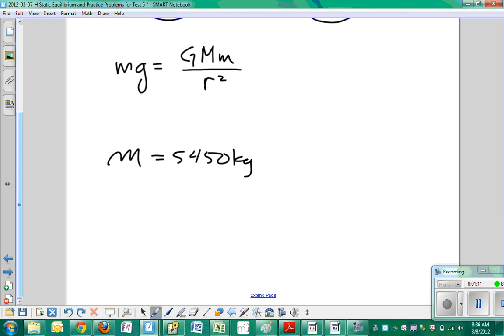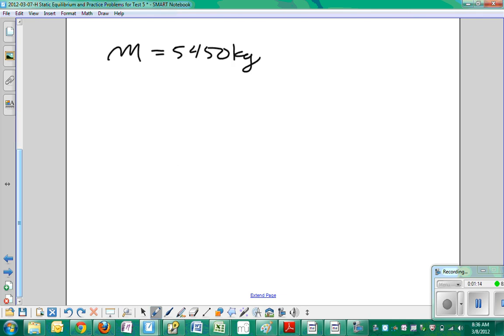So the first thing we know is that the mass of the robot is 5,450 kilograms. We also know that weight is equal to mg. So mg on planet A and B: mg_A is equal to mg_B. Which one does it weigh more on?